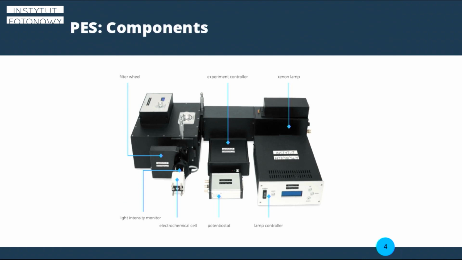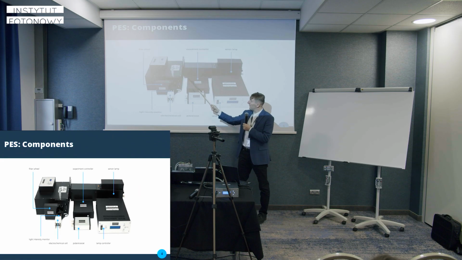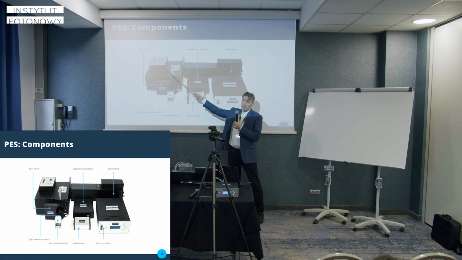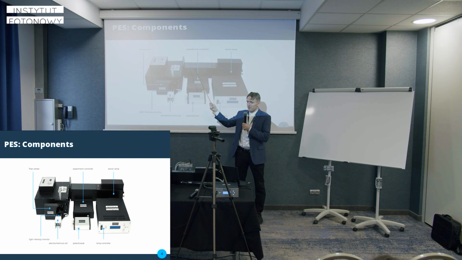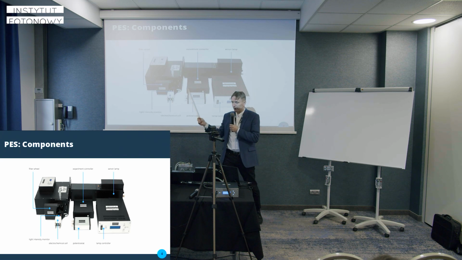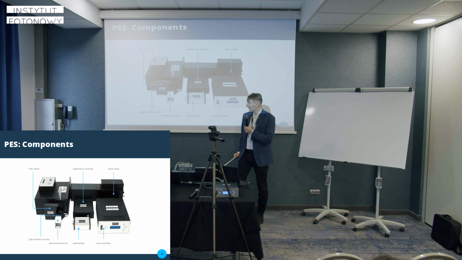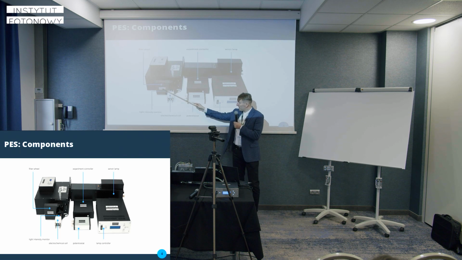Okay, I already mentioned the parts, but I will still repeat that. So we have just a light source and a monochromator that selects a certain wavelength. And here, this is an old version of the instrument, you don't see the sample chamber that is over here. But it is for the best because you can see another component of the system.